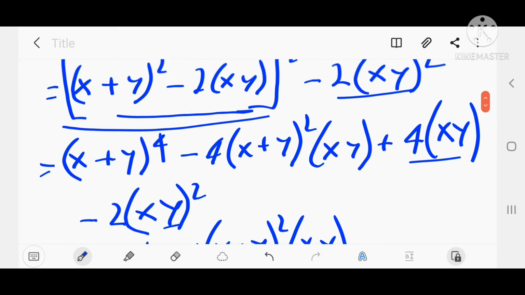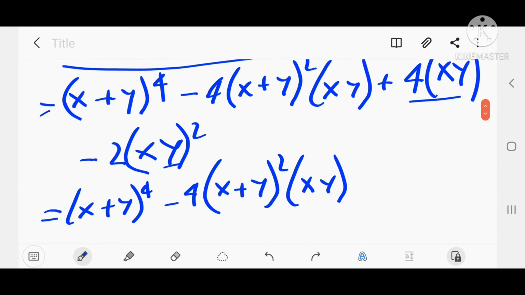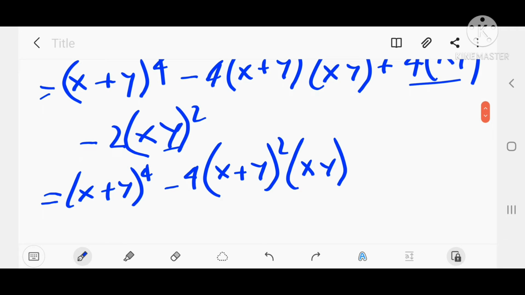Do not forget this is squared, this should be squared. So we have 4xy all squared minus 2, that gives us a plus 2xy all squared.